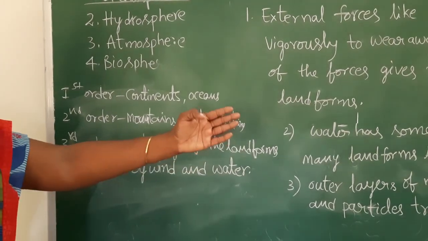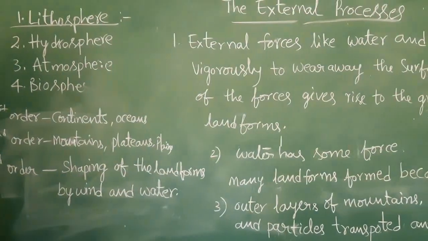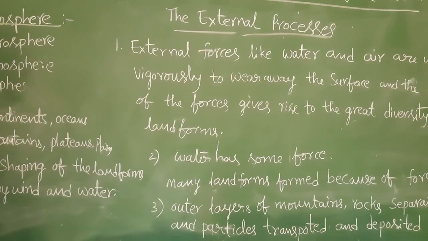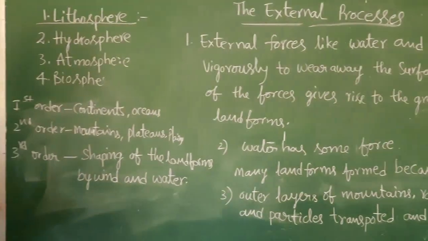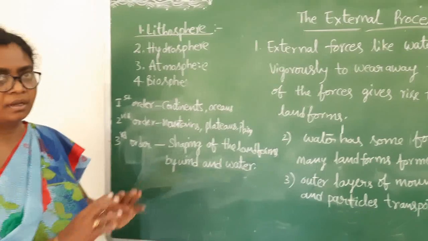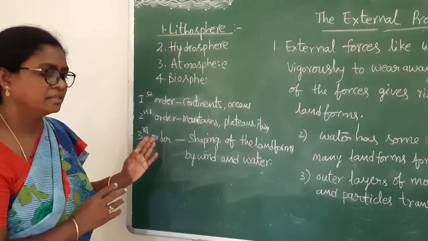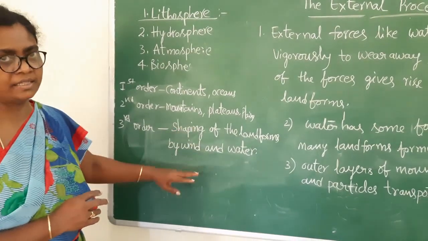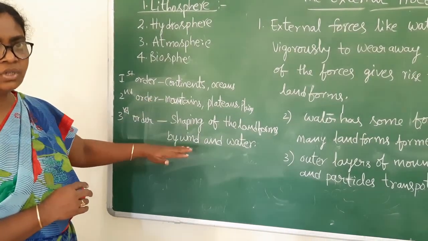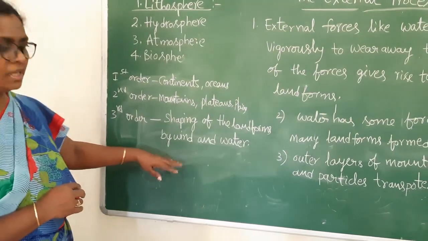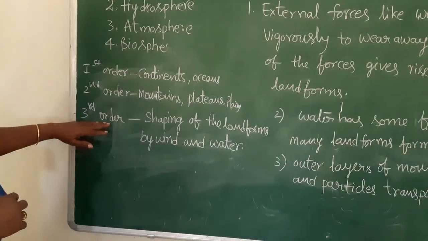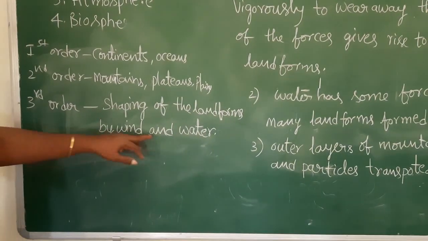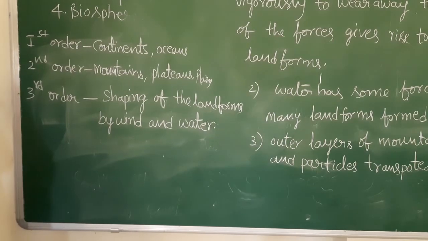In external processes, some changes occur in mountains and rocks, and some new landforms we can see on the surface of the earth because of the force of wind and water. These third order landforms are the shaping of landforms by wind and water.